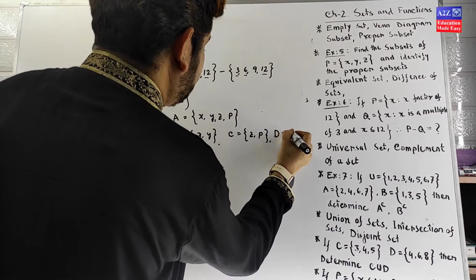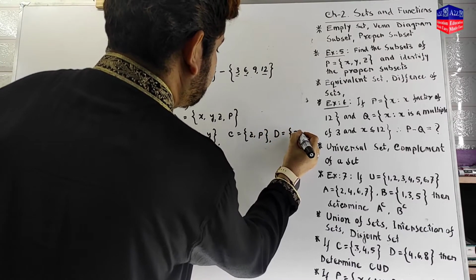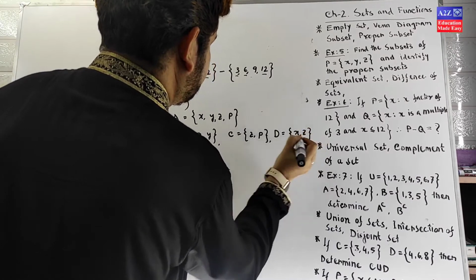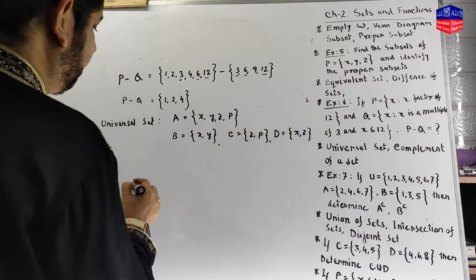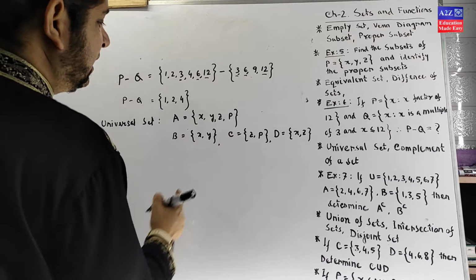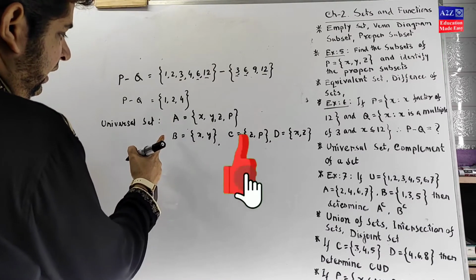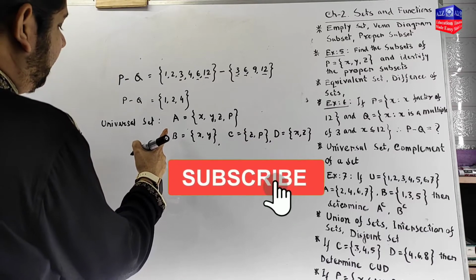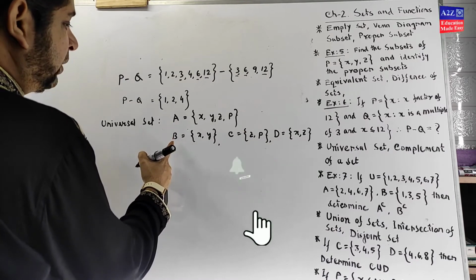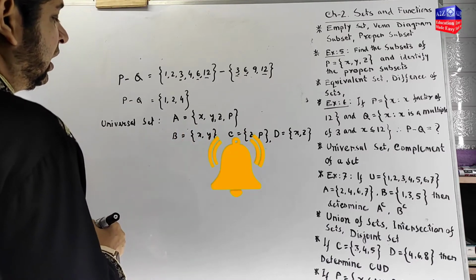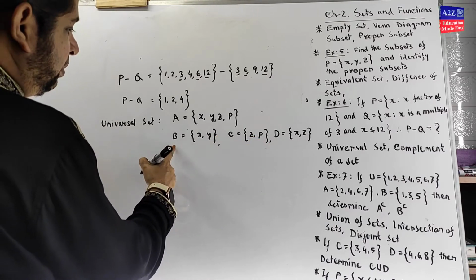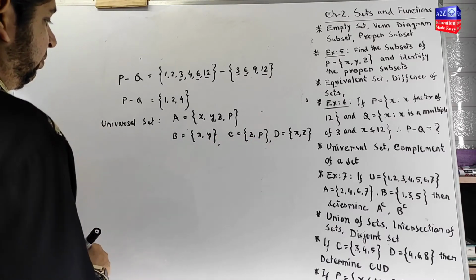D is another set which contains x and z. All these three sets, I mean B, C, D, are subsets of A. Then A will be defined as the universal set with respect to B, C and D. I mean A is the universal set of B, C and D.